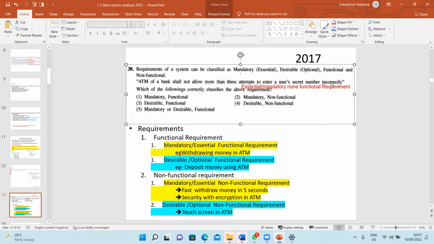So what you can say, it is a non-functional, not a main function. Then nice to have or essential. It's a security. Since it is security, it is essential. Essential means mandatory. Mandatory, non-functional requirement. Answer should be second one. Okay. Can you all copy this one?